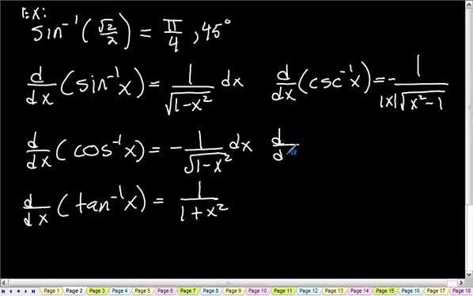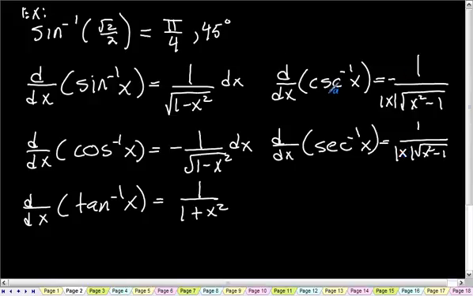The derivative of inverse secant of x is equal to something very similar, except it's positive: 1 over the absolute value of x times the radical of x squared minus 1. Notice that the derivative of the inverse cosecant is negative. The derivative of inverse secant is positive, but it's the same derivative.